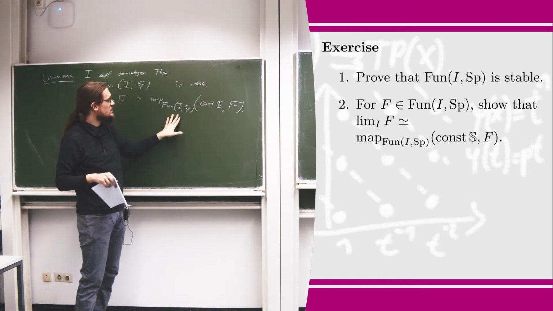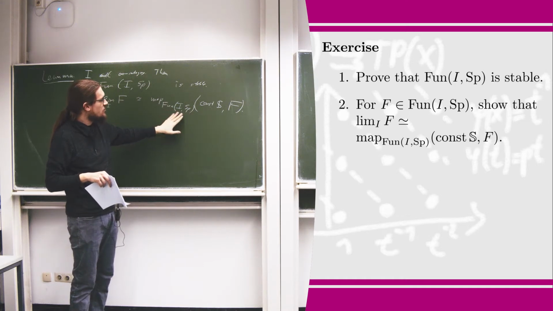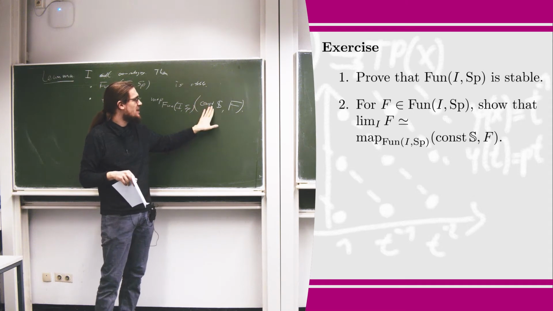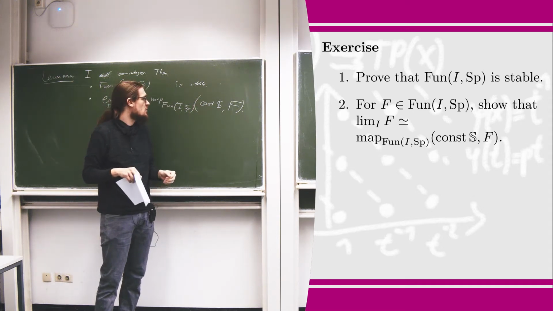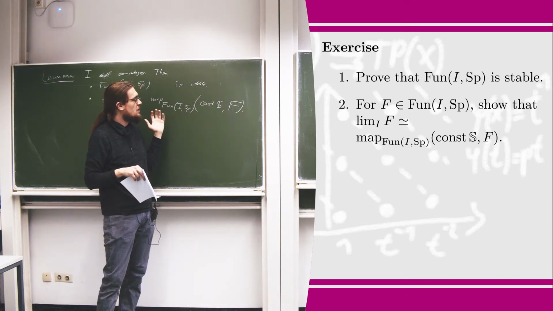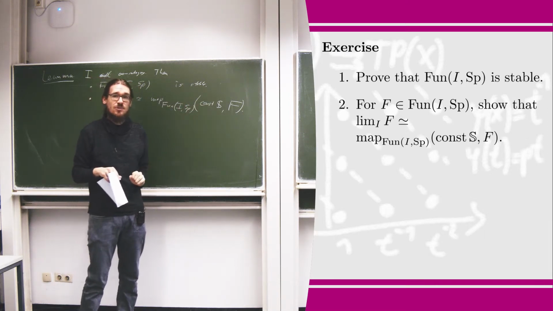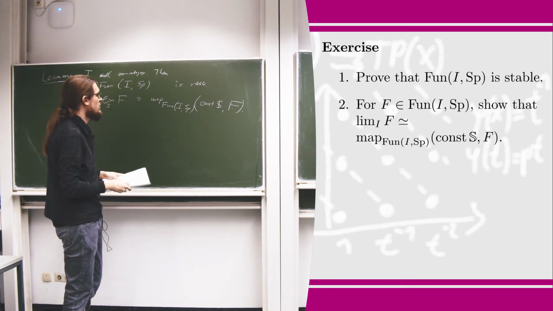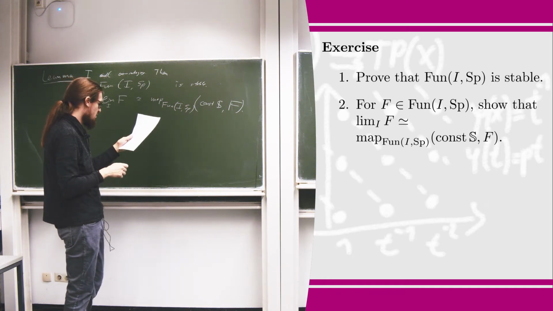In spaces, we said if you have a functor category of diagrams in spaces, then the limit of such a functor is really just maps from the constant point functor into F. So I claim that if you just use the construction for the mapping space I just gave you, you can relate this expression to the formula we gave in spaces. I think that's a good exercise to get a little bit more fluent with spectra.